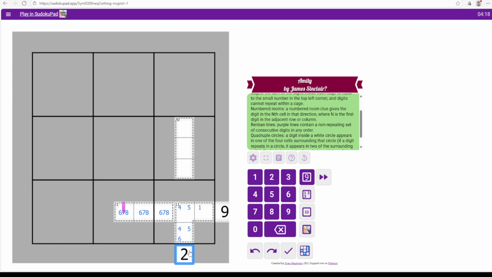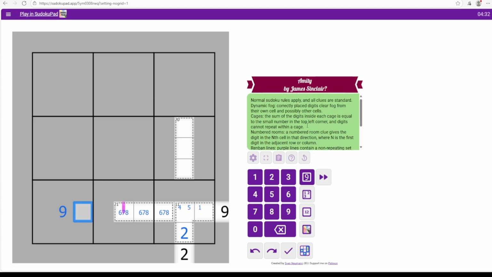For example, this being first digit, this should also be saying that the second digit is a 2. The only problem being is that it isn't clearing dynamic fog, right? Because dynamic fog should clear anything that's right. The fact that neither that nor that is a 9 is making me struggle to understand. Okay, so maybe if these are clues and that doesn't, no, it would still cause this to be the case, right?